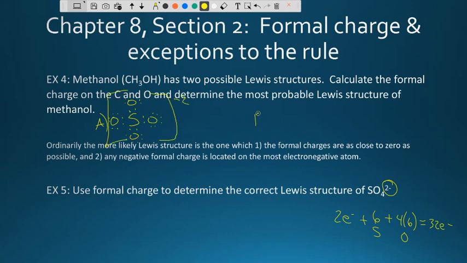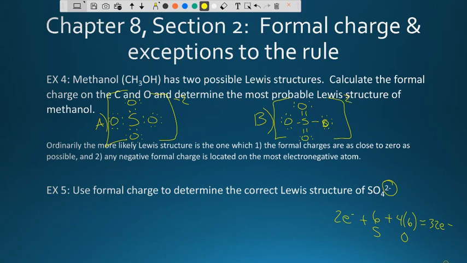All right, let's take a look now at option B. We could also do this in terms of double bonds. This is kind of an unconventional one. We see the oxygens here, and once again, we get 2 electrons.